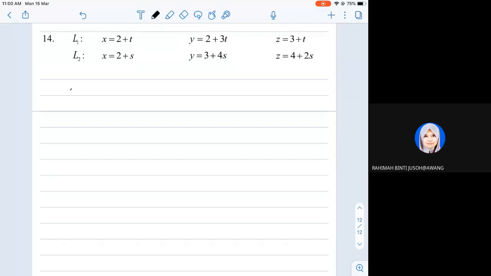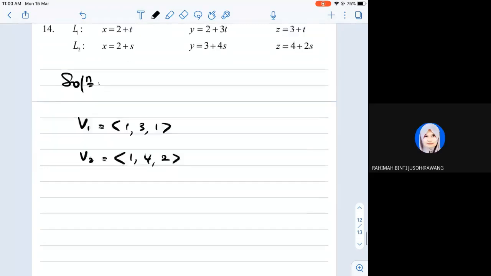Solution. Okay, give me V1. 1, 1, 3, 3, 1. Okay, good. How about V2? 1, 1, 4, 4, 2. Okay, good. Well done.